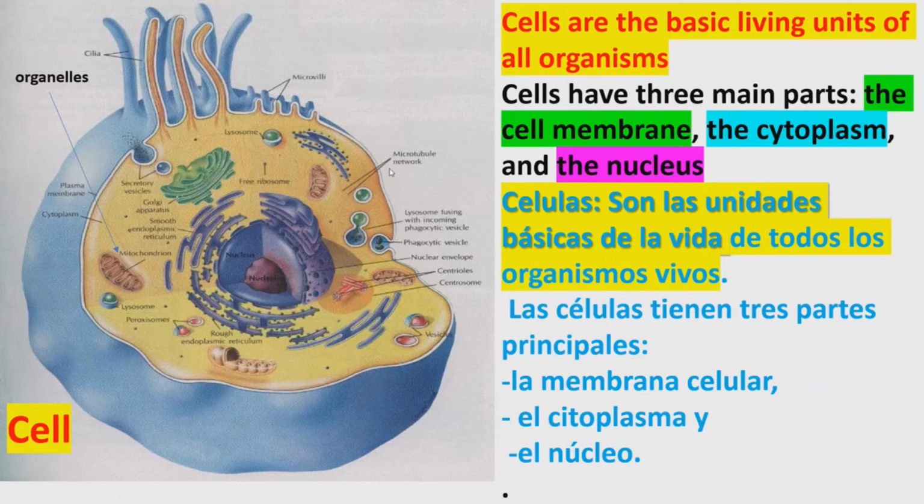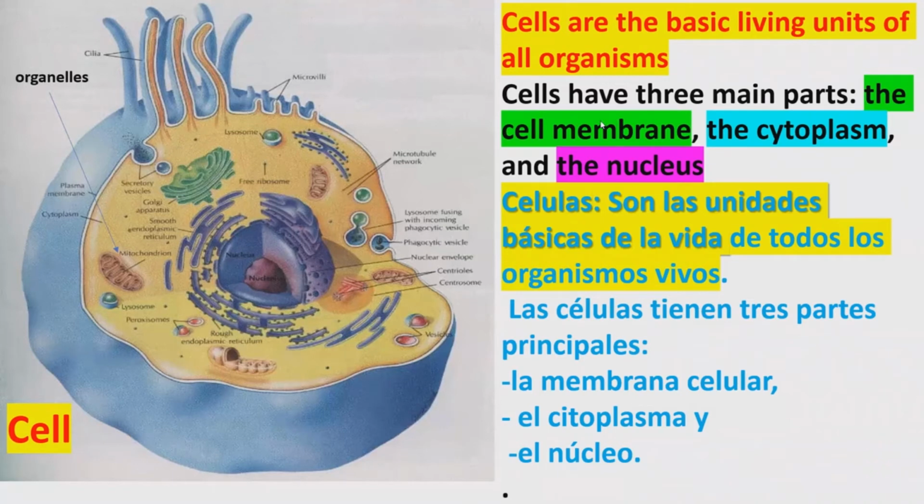Cell membrane, cytoplasm, nucleus. In the cytoplasm are the organelles. In the nucleus is the genetic material.